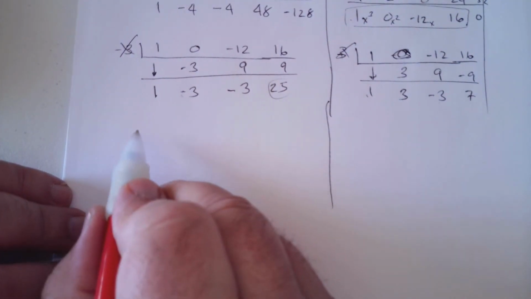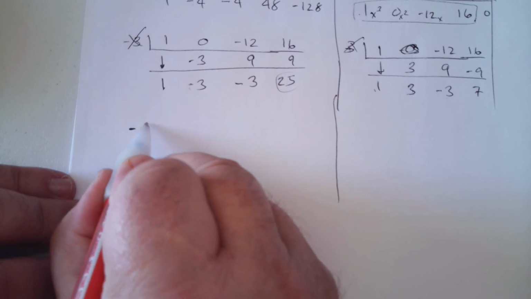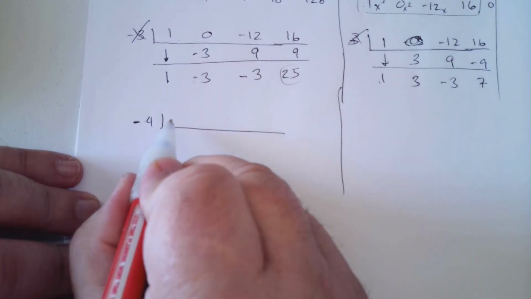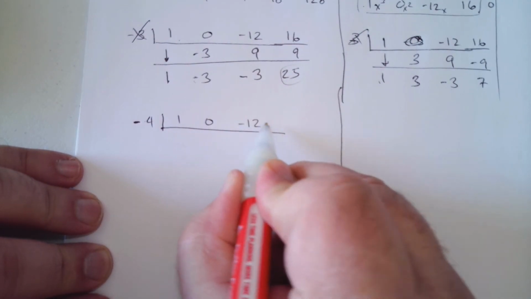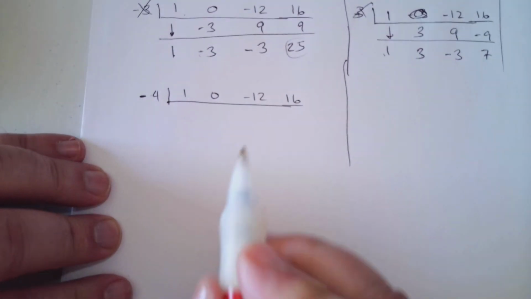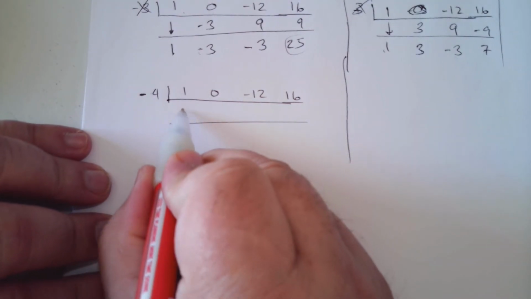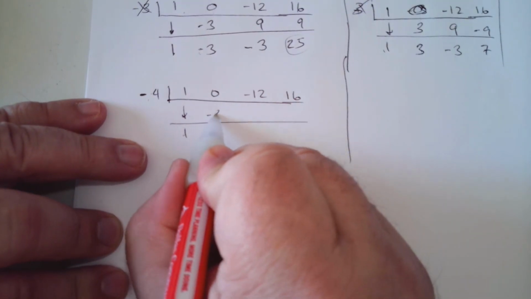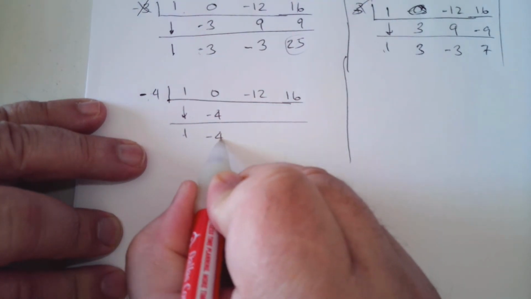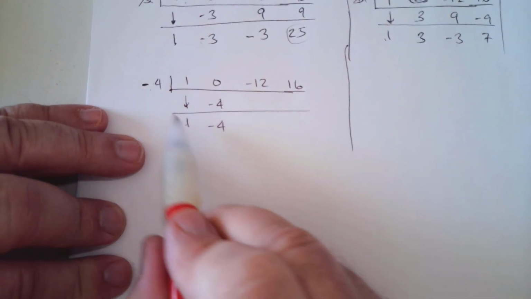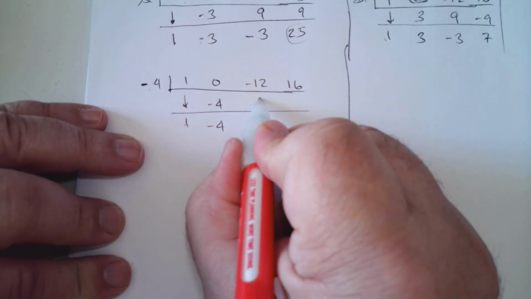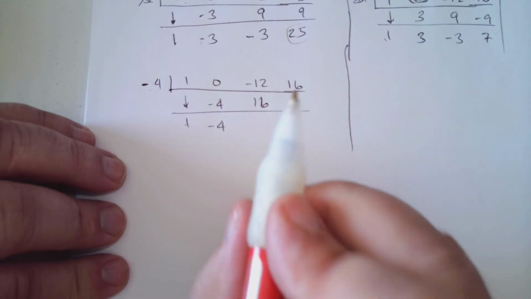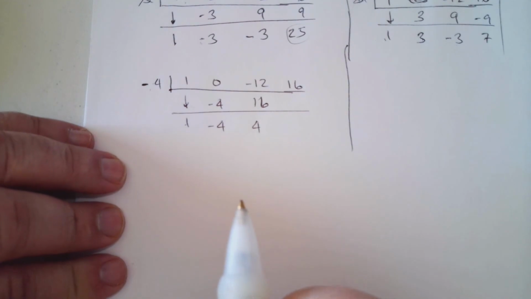So we'll try negative 4. 1, 0, negative 12, 16. Bring down the first one. Negative 4 times 1 is negative 4, plus 0 is negative 4. Negative and negative is a positive. 4 times 4 is 16. 16 minus 12 is 4.